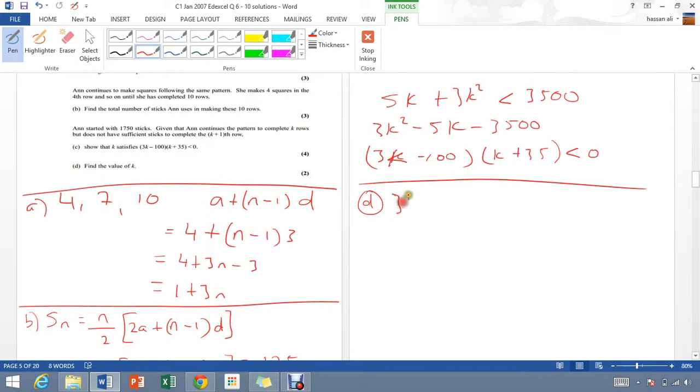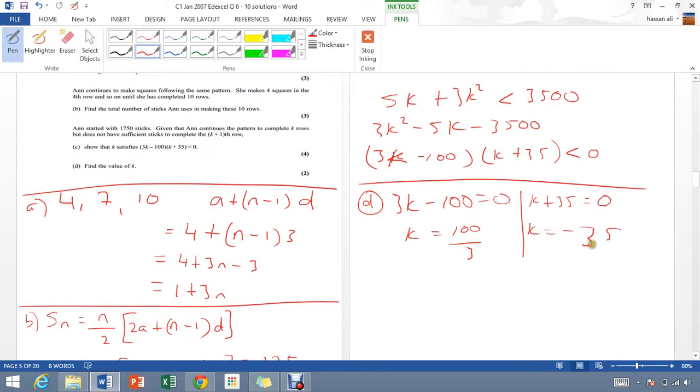Right, so we have 2 brackets, so therefore 3k minus 100 equals 0, so k will equal 100 over 3, or k plus 35 equals 0, and therefore k will equal minus 35.